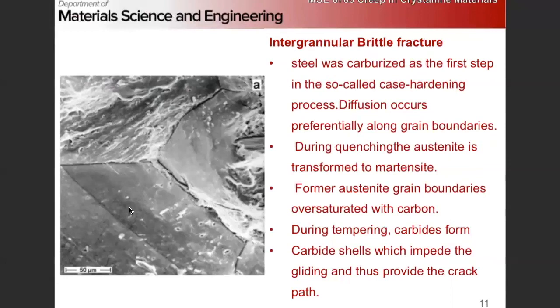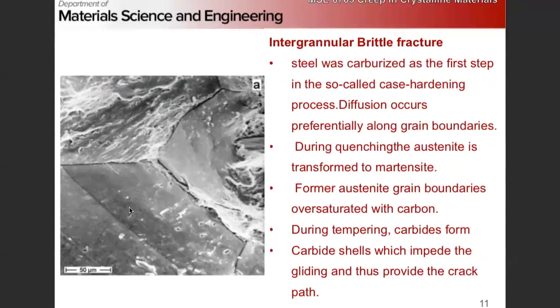You give this a low temperature tempering, this carbon forms carbides, and now you've got a weak, like that ice cream stuff, the hardening chocolate that you put on your ice cream, right? Now you've got a rich crackly carbide shell around your grains.